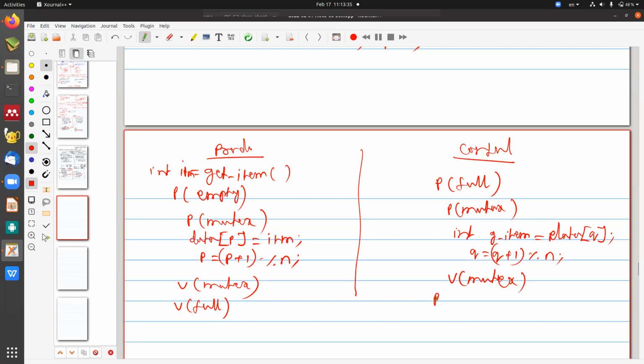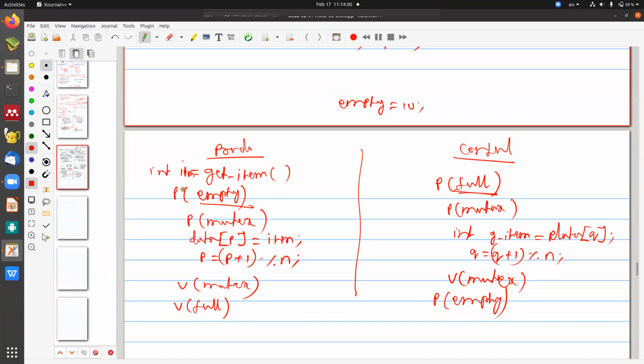Sir, here we will not check that full condition. This full condition is checked directly by this now. When empty becomes 0, then it is automatically full. Yes or no? Because initially empty was 10.